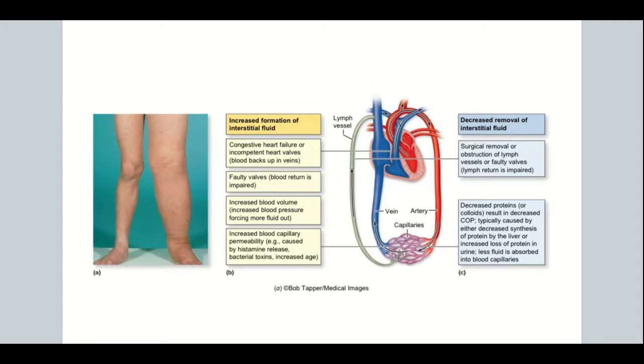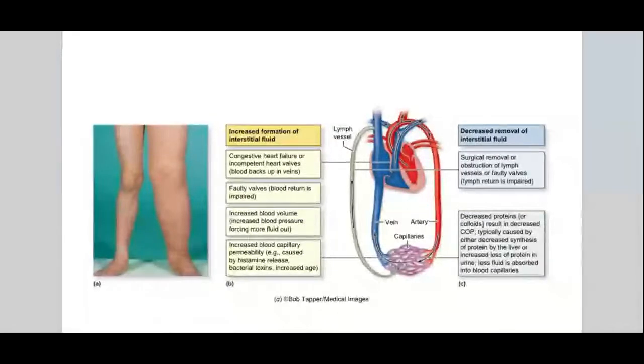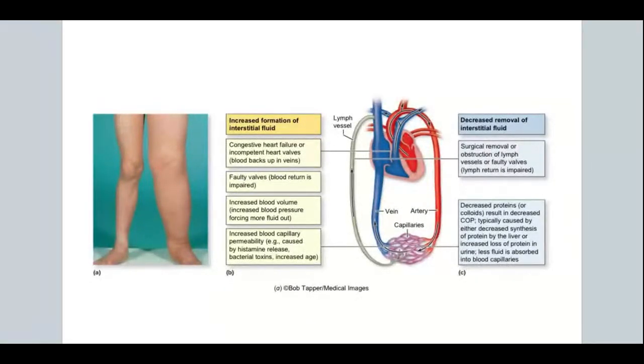There are several things that are going to activate your thirst center. The thirst center can be activated by decreased salivary secretions, decreased blood osmolarity, and decreased blood pressure.